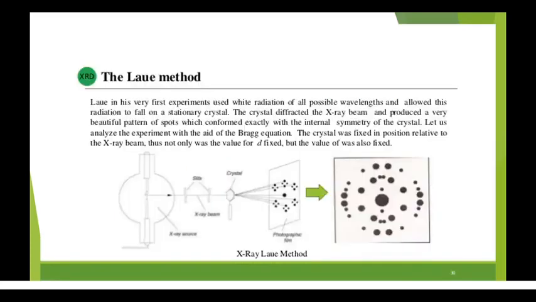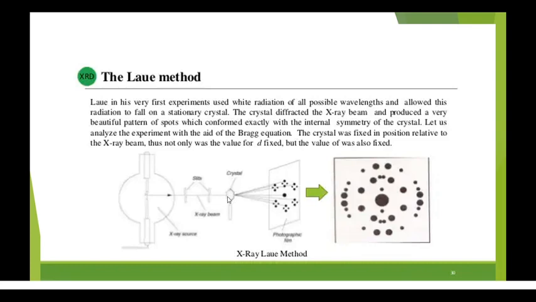And this is the Laue method. Laue made the experiments and he used the crystal, and he allowed the X-rays to fall on a stationary crystal. Stationary crystal means theta is fixed, and d is also a constant.